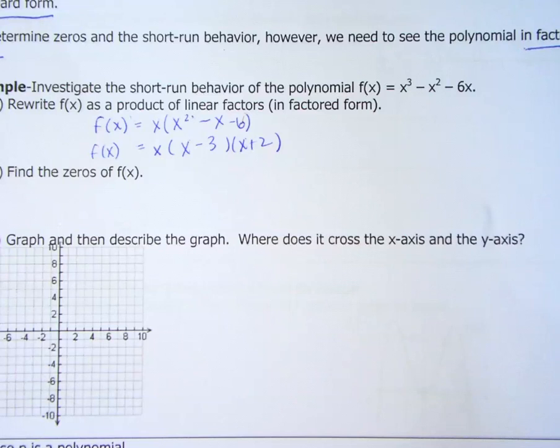If you look at this first function, s of x, think about expanding that out. We could rewrite that as x minus 4 times x minus 4, right? If I asked you to find the zeros, what would it be? 4, but you have that double zero, okay?